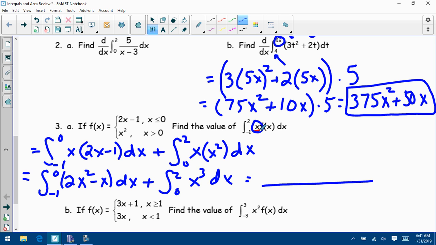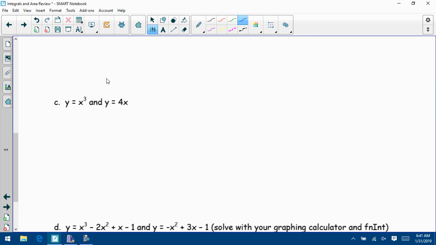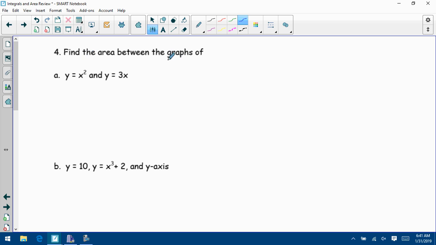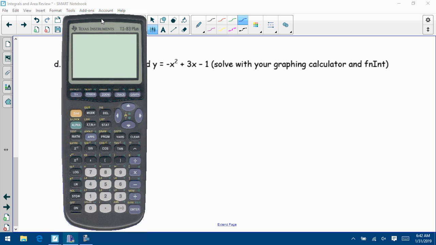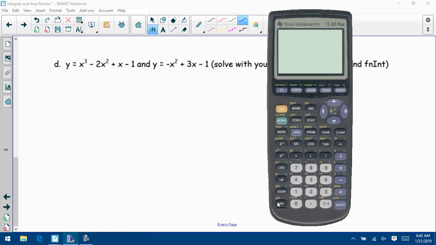All right, the last one I'm just going to talk about real quick. The back is all area. The directions are to find the area between the graphs of y equals this thing and y equals this thing. It says solve with your graphing calculator and fnInt. So with all the area questions, the first thing you really have to do is look at a graph, because you're not going to know what it actually looks like and which is the top curve and which is the bottom curve.